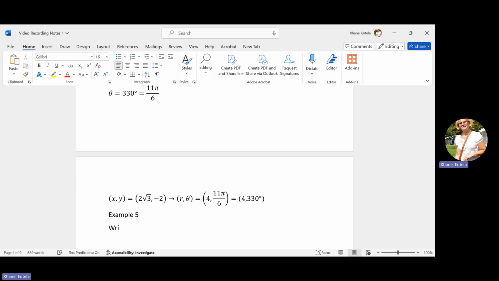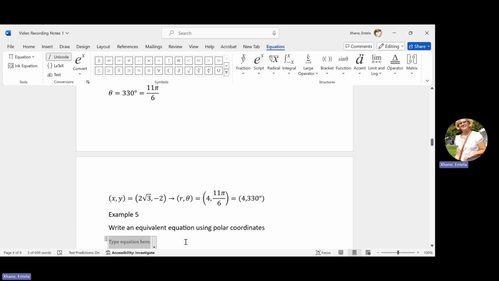So the goal is to write an equation using polar coordinates. And there's a variety of equations that I'm going to show, including one example that is part of your study guide. But let's start with my first equation. So the first one is you have x equals 12.